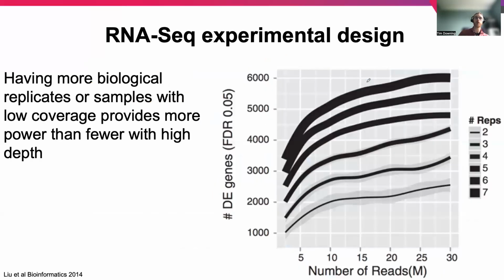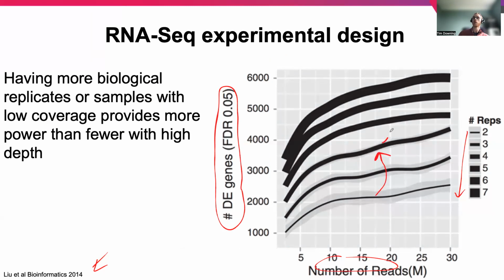There's an illustration from this article by Liu et al. from some time ago, where we look at the number of reads versus the number of detected differentially expressed genes given a false discovery rate of 0.05. And what we see is that it increases irrespective of the number of replicates that we have. But what you can note is that the jump, say from 2 to 4 to 6 replicates, corresponds with roughly a doubling in power, or a substantial increase in power each time.